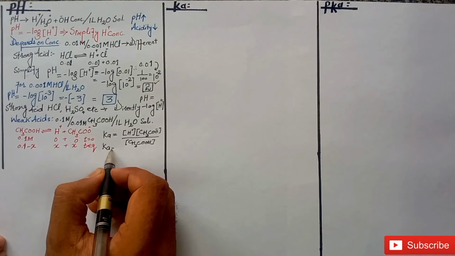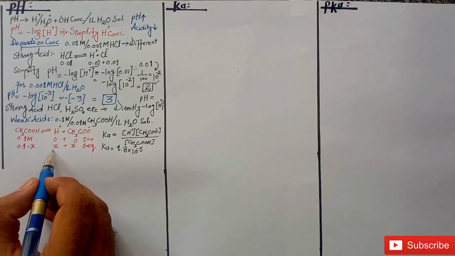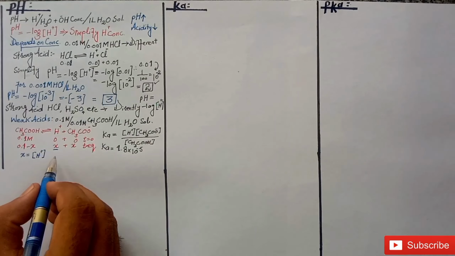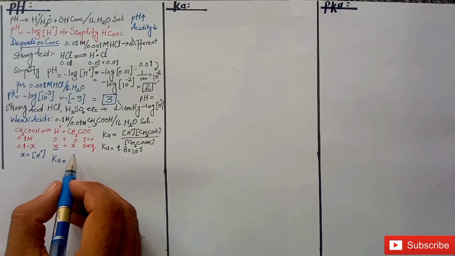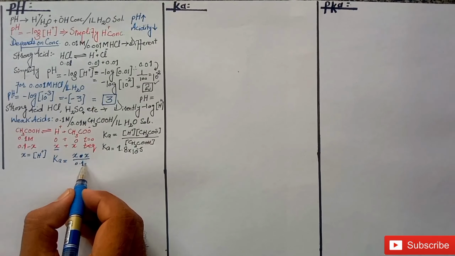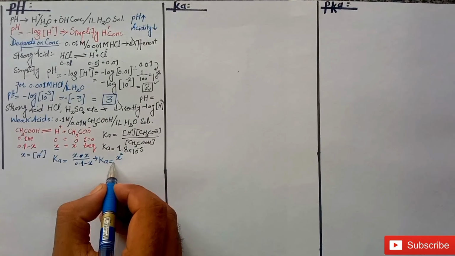For acetic acid, this is 1.8 times 10 power minus 5. Here, X is the concentration of hydrogen ions which actually form. Now, as we know that K is the ratio of the concentration of products to the concentration of reactant, we can find out the value of X as we know the Ka value of acetic acid.